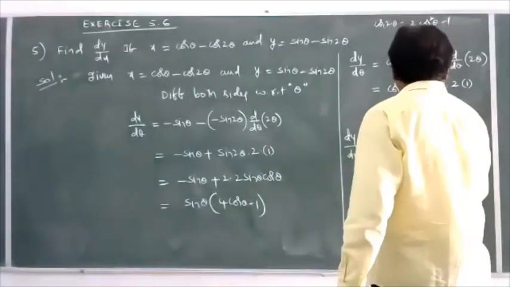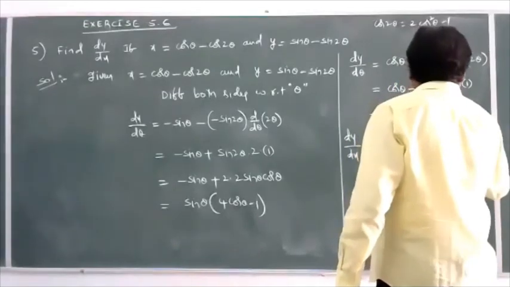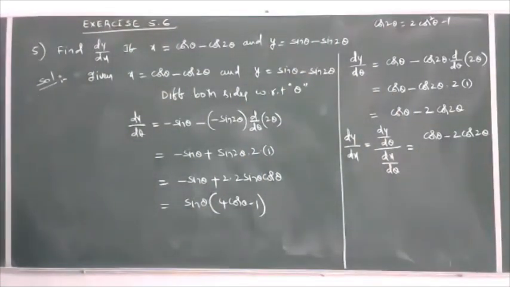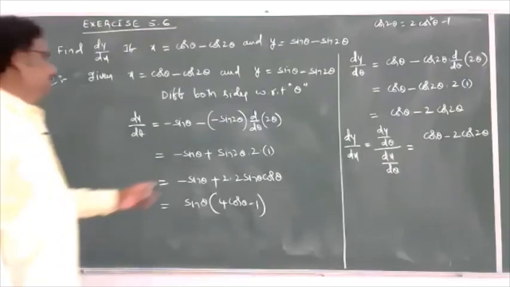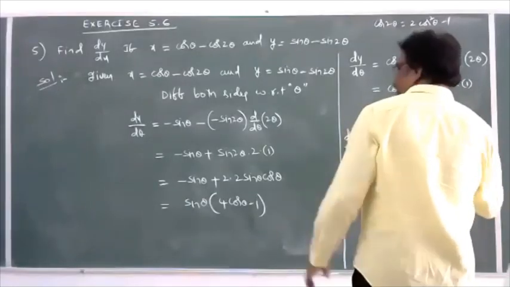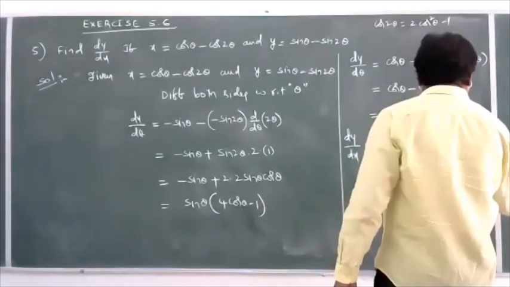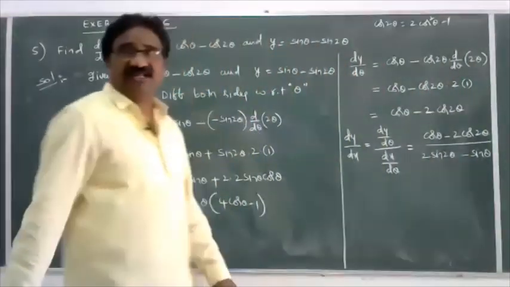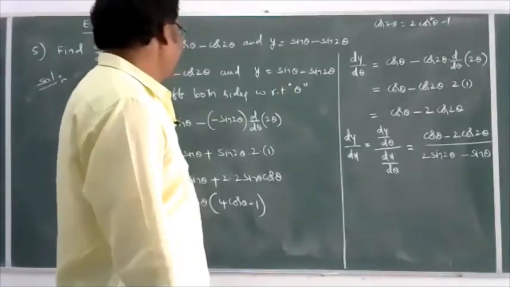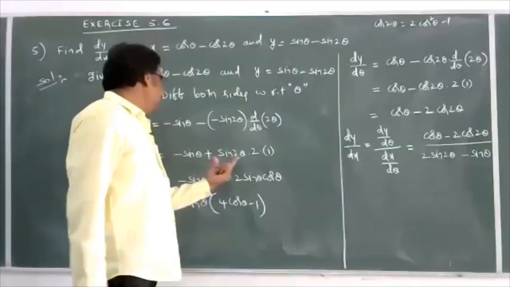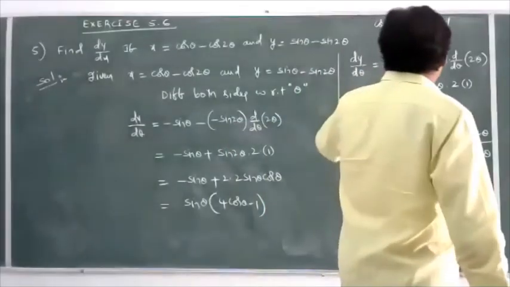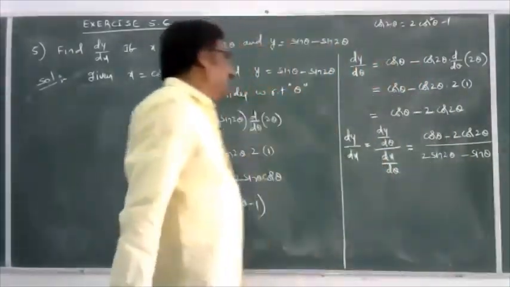That is cos theta minus 2 cos 2 theta by 2 sin 2 theta minus sin theta.